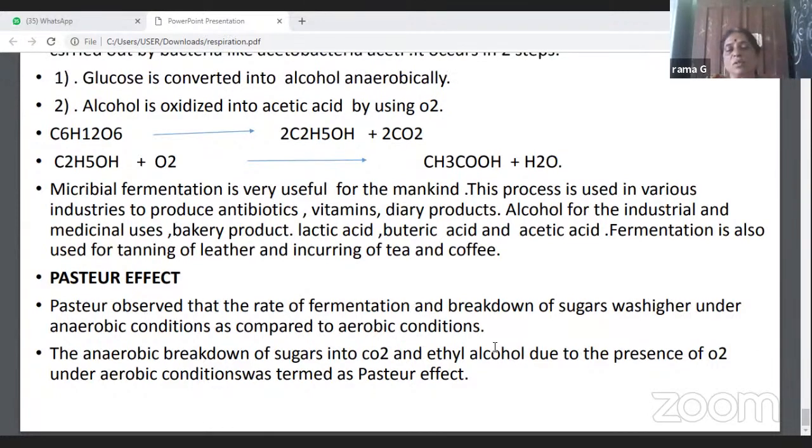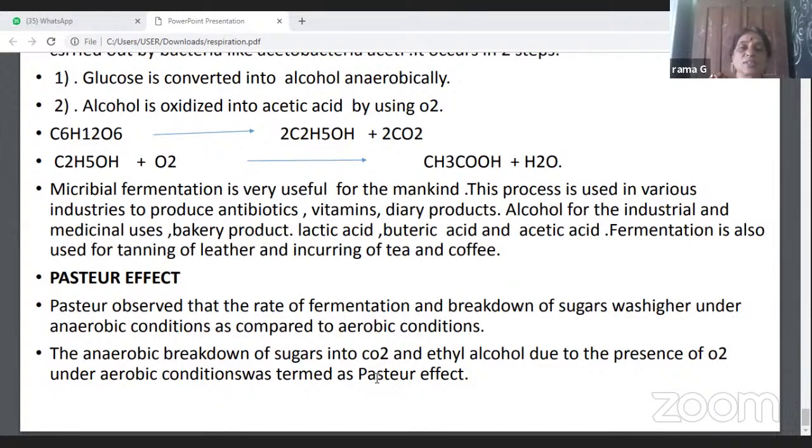What Pasteur observed was the fermentation process in sugars, and these sugars release energy, but that energy shows a difference. In which process the energy is released more was the change observed by Pasteur, and that energy is released very high under anaerobic conditions.